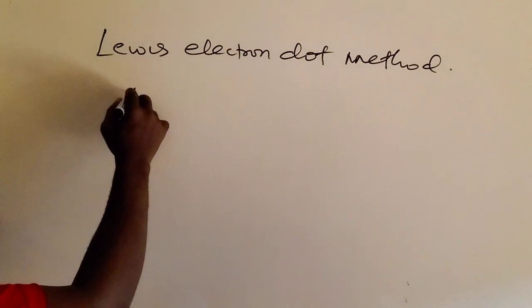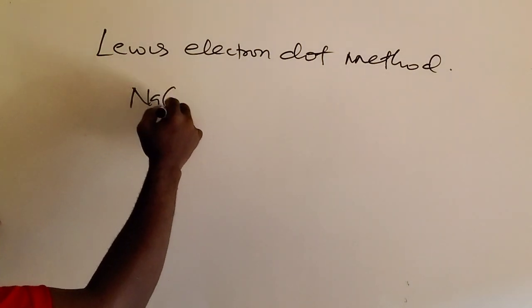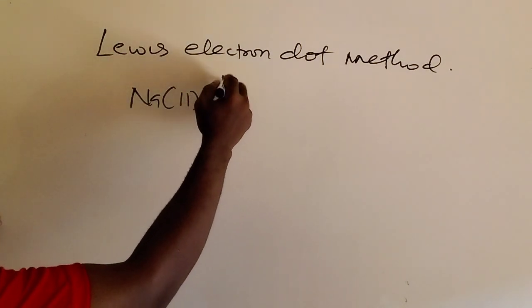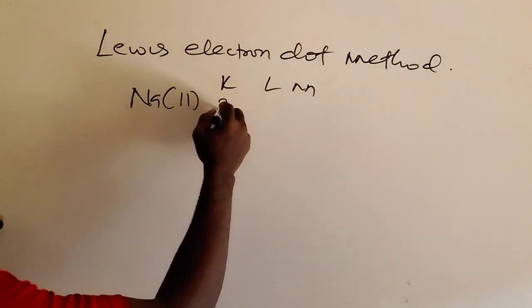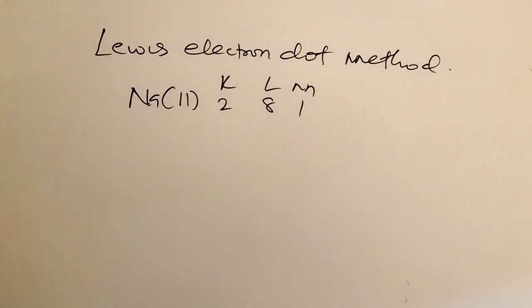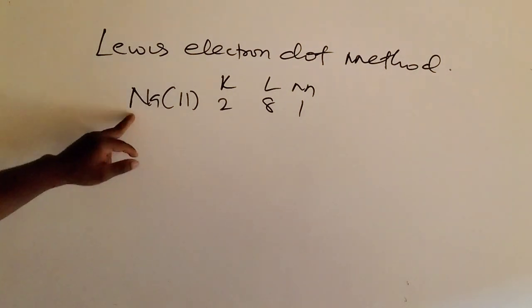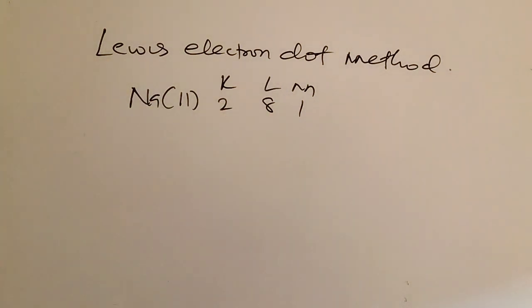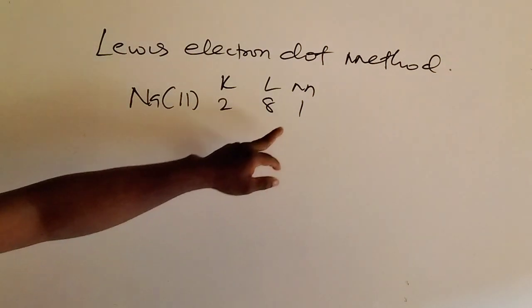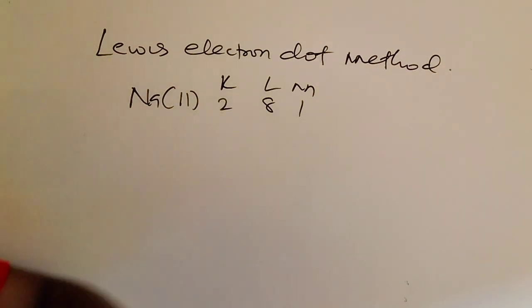For instance, when I have sodium, the electronic configuration of sodium is K L M, 2, 8, 1. In the Lewis method, our focus will be on the outermost electron of the element, since we say that bonding occurs in the outermost shell and involves the outermost electron.